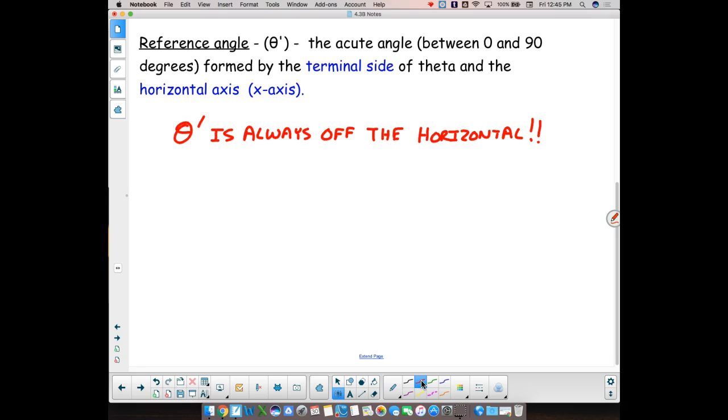Okay? So, since we have 4 quadrants, we have 4 possible reference angles. First off is if we are in quadrant number 1. Quadrant number 1 is nice because it's already the acute angles, so theta is equal to its reference angle in quadrant number 1.